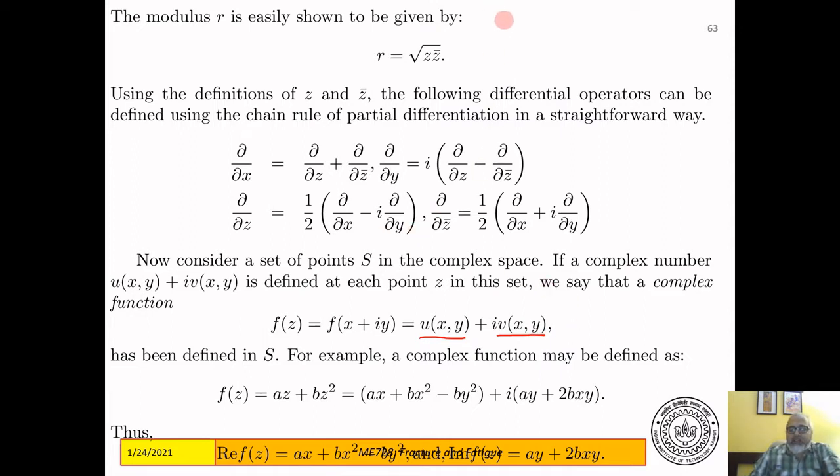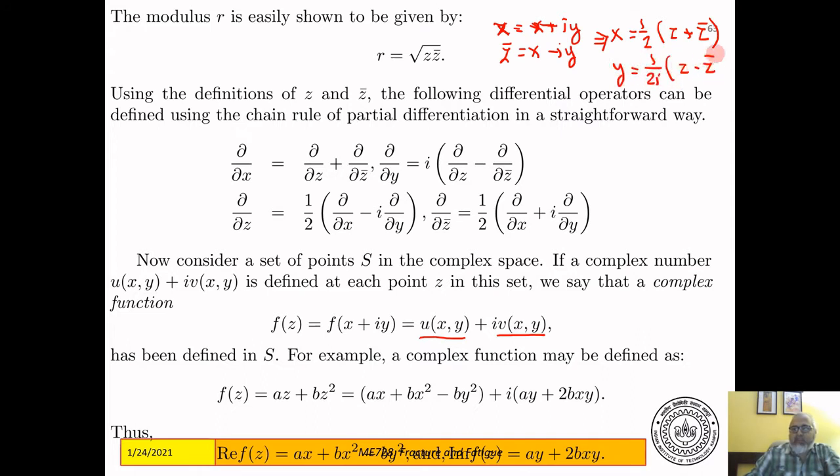Now x, y, z, and z bar are related. z is equal to x plus iy, and z bar is x minus iy, which implies that x is half of z plus z bar, and y is equal to 1 by 2i times z minus z bar. So this is easily obtainable from these two.